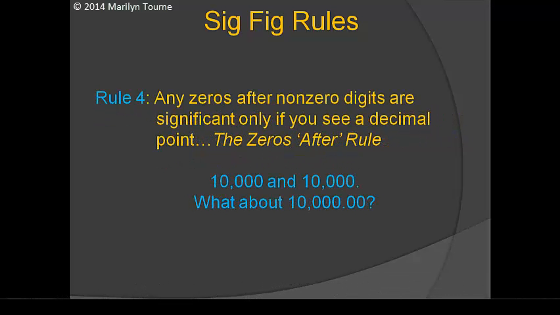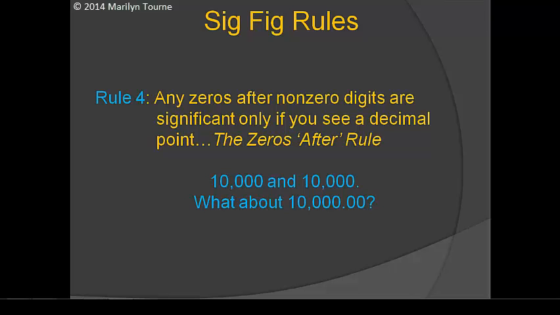So rule number 3 was the zeros before rule, but the last rule, rule number 4, is the zeros after rule. So it says that any zeros after non-zero digits are significant only if you see a decimal point. Okay, that is the most important word in that sentence. Only if you see a decimal point.